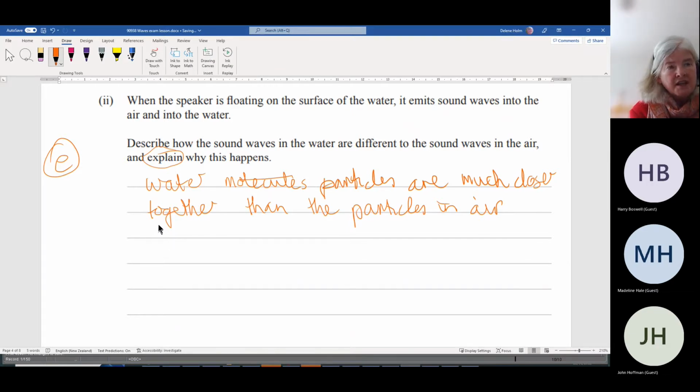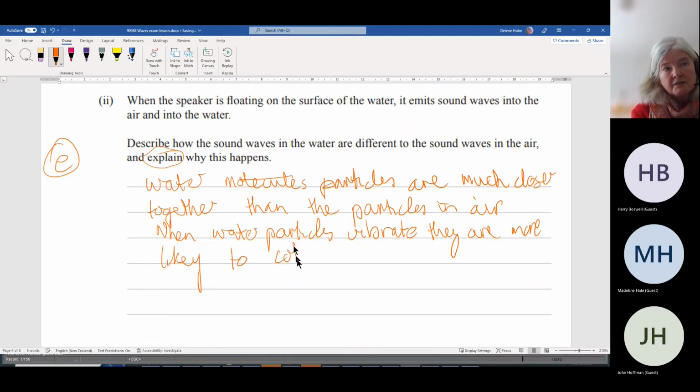It means that because they're closer together, when water molecules or water particles vibrate, because that's what the sound wave is, it's a vibration, they are more likely to collide with other particles.